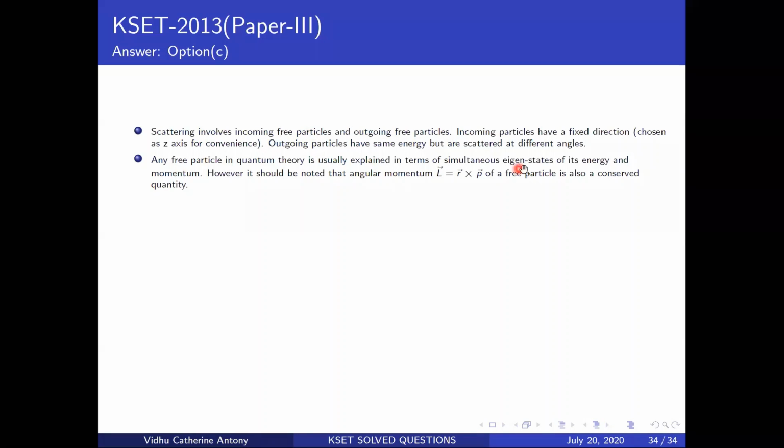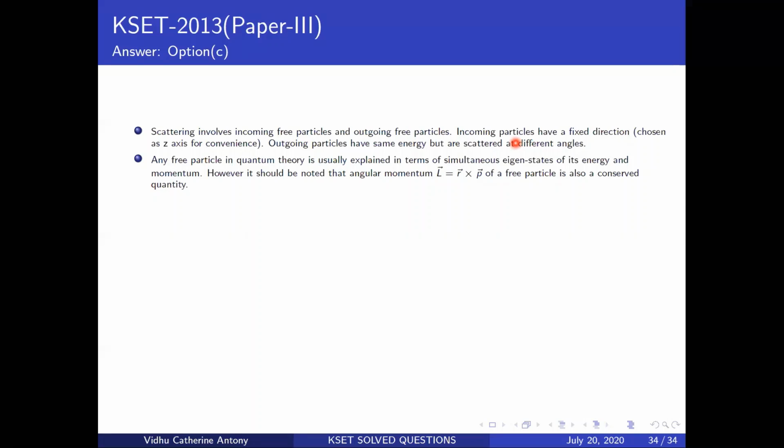So let's go through this in detail. Your scattering involves incoming free particles and outgoing free particles. Your incoming free particles have a fixed direction, which is usually your z-axis, so that you can solve the problem easier. And your outgoing particles have the same energy and are scattered at different angles. Now, any free particle in quantum theory is usually explained in terms of simultaneous eigenstates of your energy and momentum.